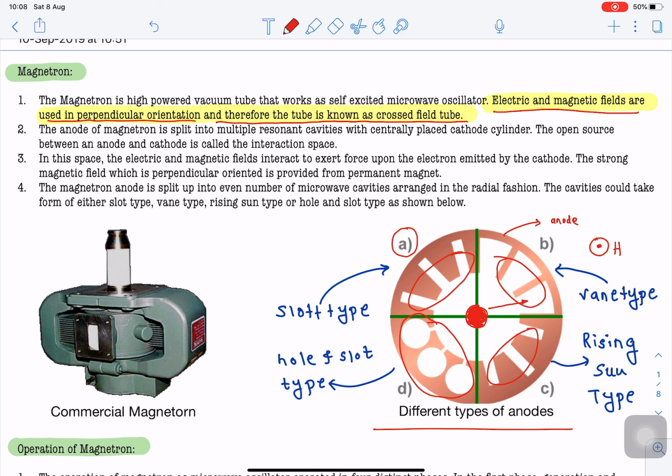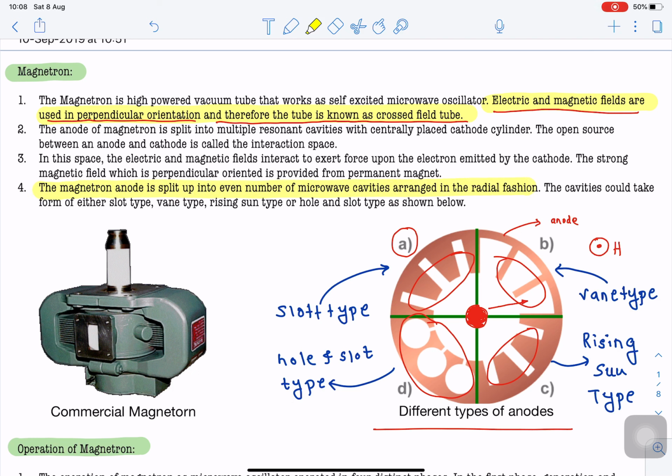The anode is split into a number of separate microwave cavities which we discussed just now. Actually the anode is not a single anode here, but is constructed in the form of multiple cavities in a cylindrical configuration. The magnetron has its anode split up into multiple cavities, arranged in a radial fashion.